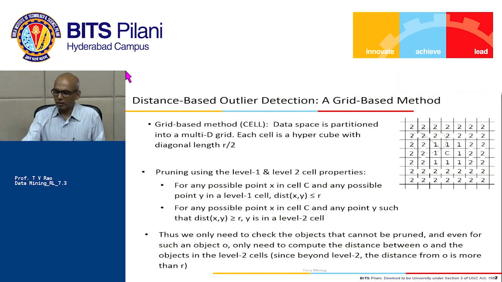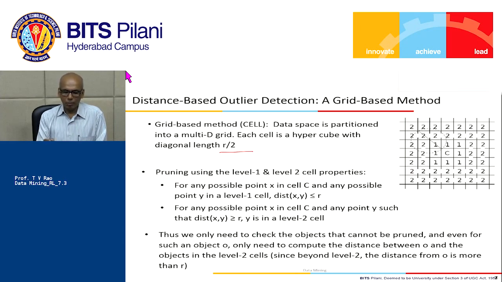What we have done is we have divided the entire space into the grid. In general, what we are seeing is a two-dimensional space, but if it's an n-dimensional space, we are going to get a multi-dimensional grid where each one of these elements represents a hypercube with a diagonal length of r/2. Then we can prune the data for two reasons.